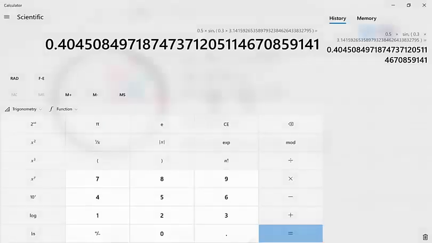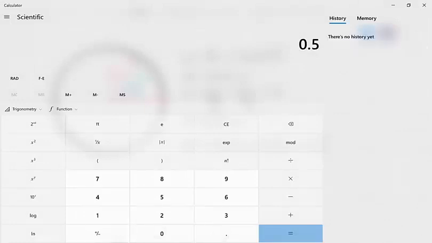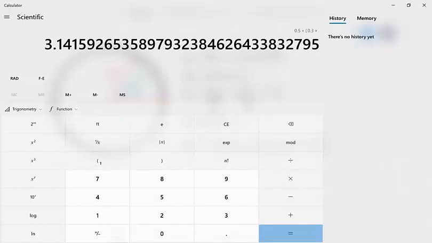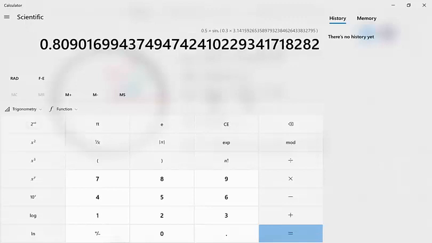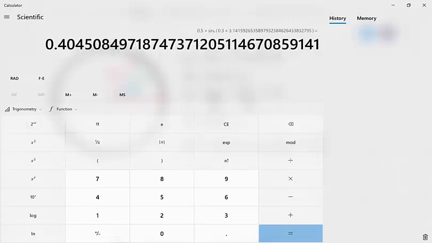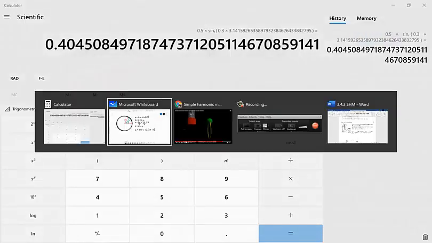Okay, so let's work this out. So we had 0.5 times, and then we had 0.3 times pi, and this calculator only lets me do the trig function afterwards, so that's why I've done it in that order. And then we'll do sine, and we get 0.8, and we end up with 0.4045 for our displacement.